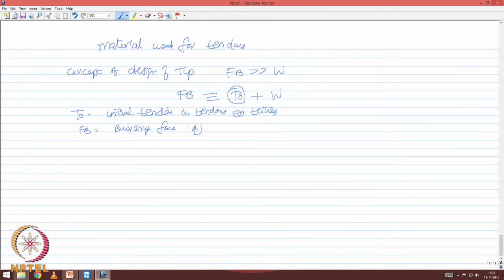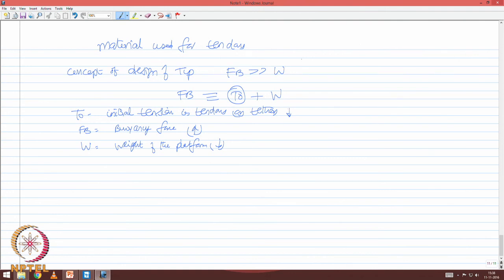Buoyancy force acts upwards, weight of the platform acts downwards. Since buoyancy exceeds the weight, T0 also acts downwards.